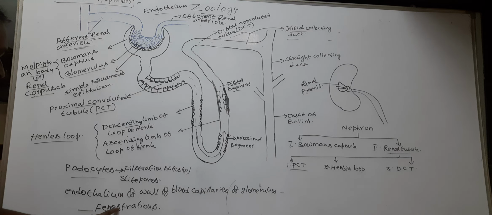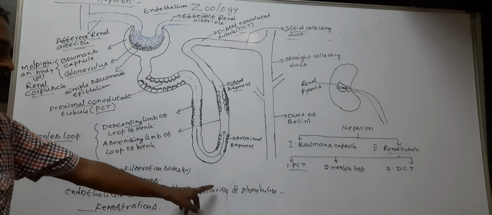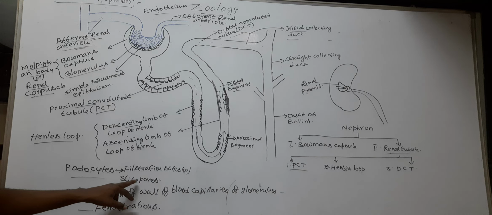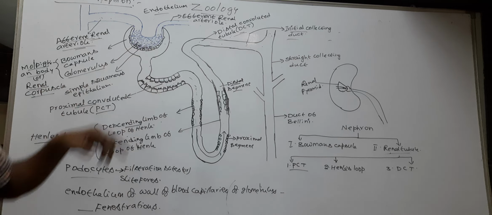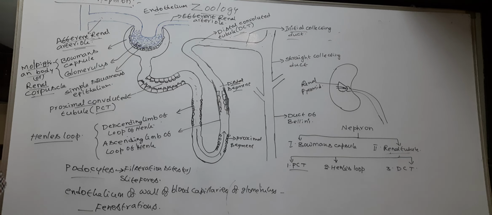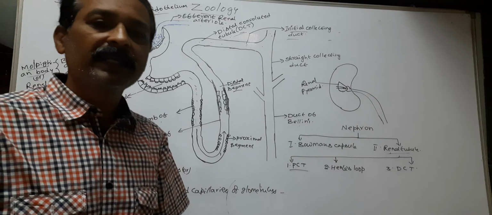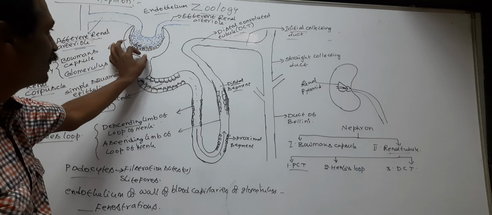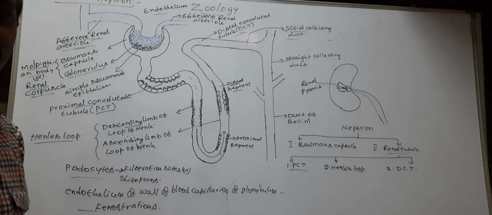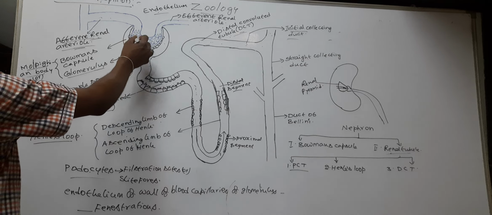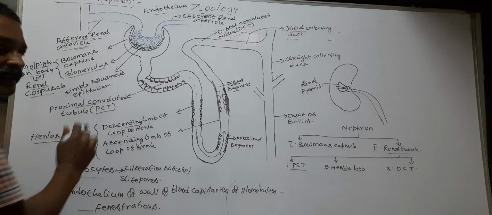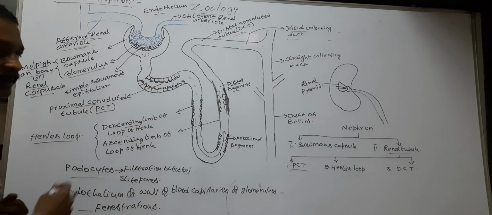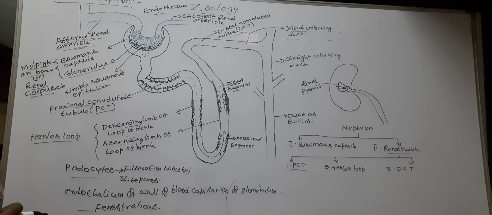The fenestrations of the endothelium of the glomerular capillaries and the filtration slits of the inner layer of the Bowman's capsule help in the filtration of blood from the glomerulus into the lumen of the Bowman's capsule. So the blood capillaries of the glomerulus contain blood. The lumen of the Bowman's capsule possesses fluid, or primary urine.